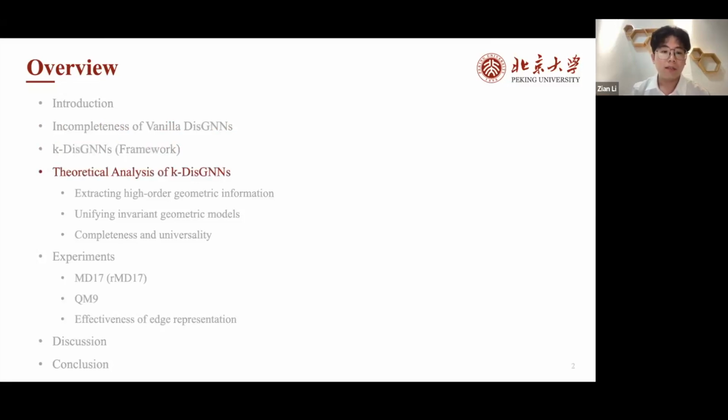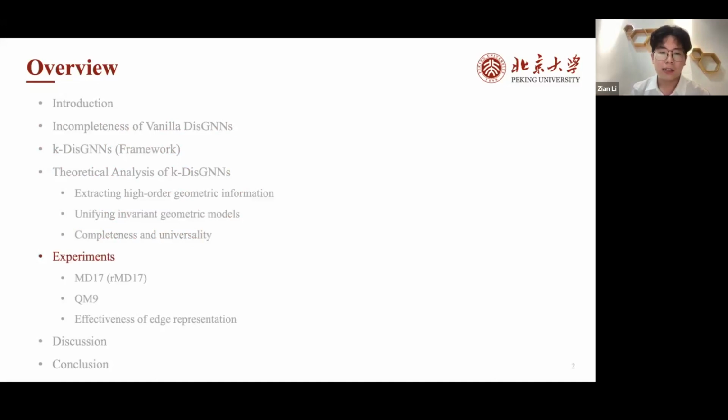We will then show the theoretical analysis of k-DisGNNs from three perspectives, including its ability to extract high-order geometric information, its ability to unify invariant geometric models, and finally completeness and universality.